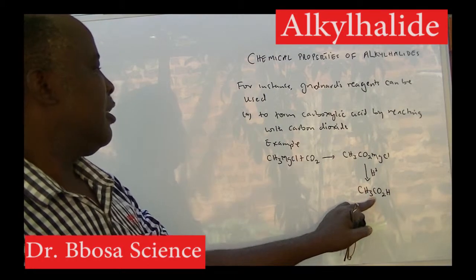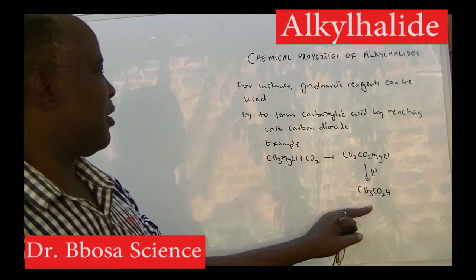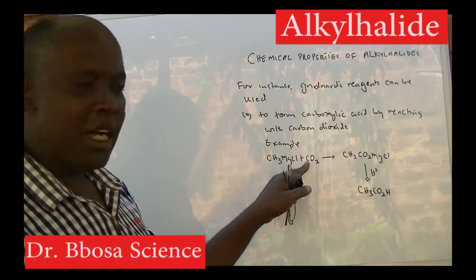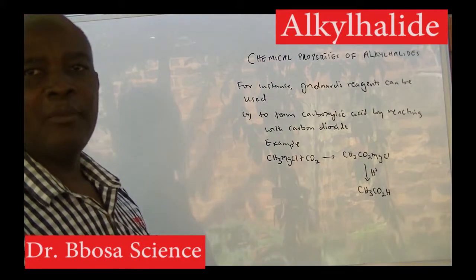The acid will have one carbon atom extra. So when Grignard reagents react with carbon dioxide, you can increase the chain by one carbon atom.